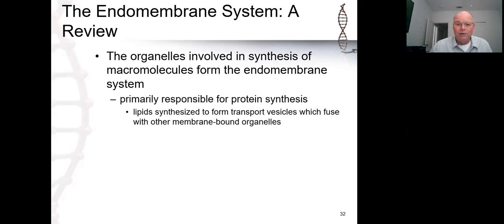That's the role of the ribosomes attached to the rough ER, which is a central part of the endomembrane system. Also, the nuclear envelope has ribosomes attached to it. And remember, the nuclear envelope and the rough endoplasmic reticulum are a continuous membrane system. So no problem there with the proteins getting transported.